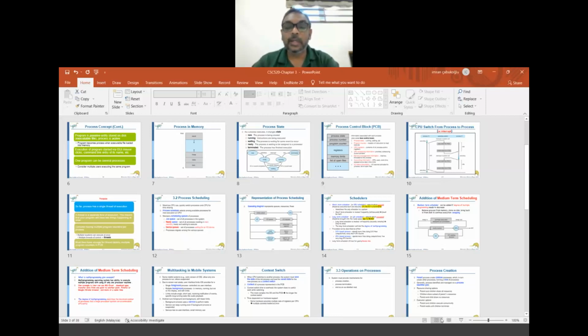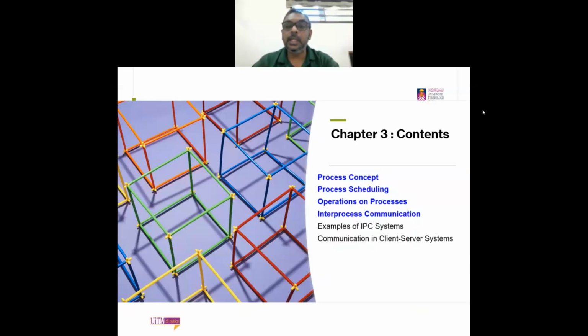Okay, so what we have learned in chapter 3 is basically we are talking about process concepts. We have understood what a process is, what the difference between a process and a program is, and how the program or the files are brought from the hard disk into the memory, and finally into the CPU to be processed or to be run.